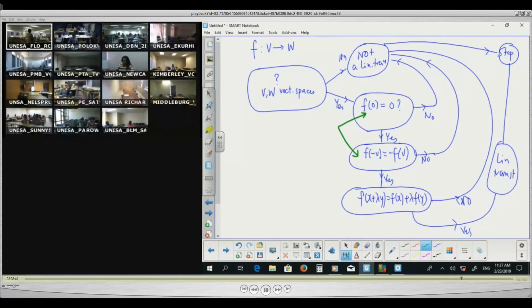For instance, look into example 2. If we look into example 2, we see it's very clear. Immediately we can see f of minus 1 is not equal to minus f of 1. Okay? So we stop immediately.